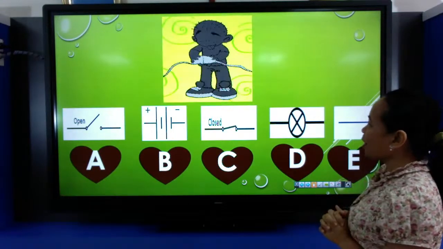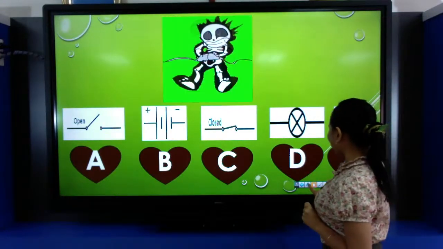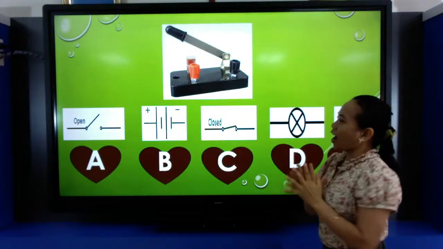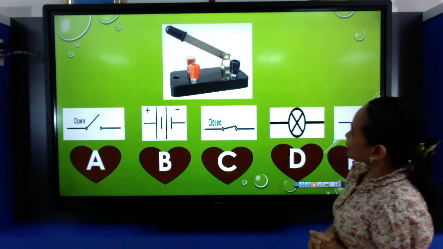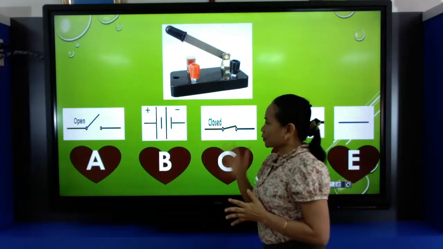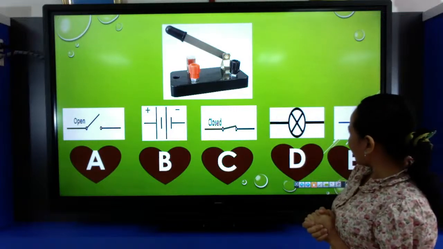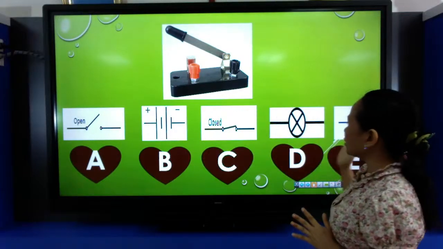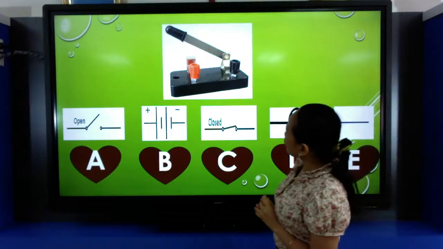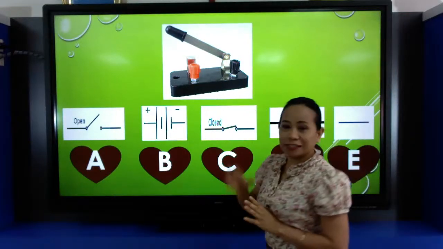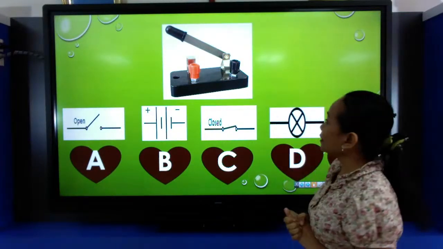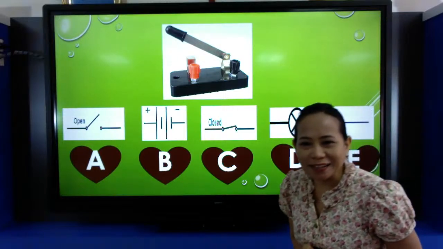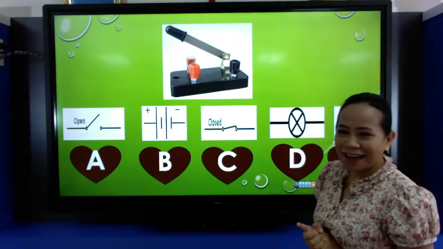the symbol of this. Number 1 is a switch. Which one is its symbol? A, B, C, D, or E. Look at this switch, whether it is open or closed. Let me see who gets the correct answer.